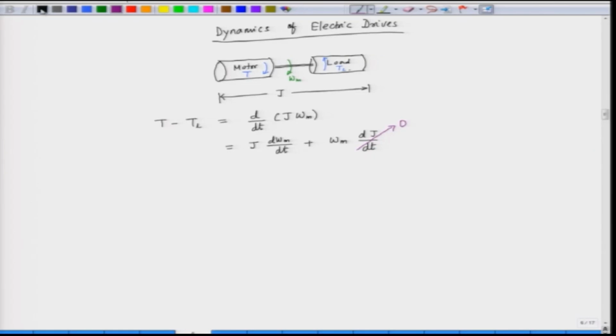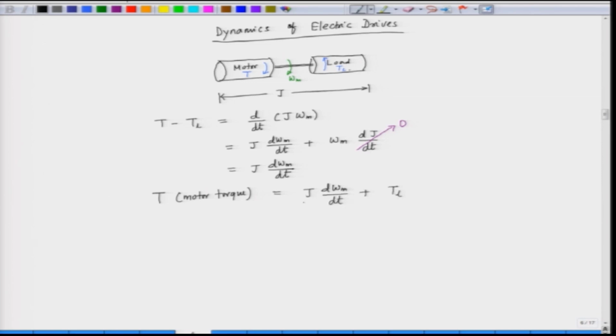So, what we finally get here is T minus TL is J d omega m by dt. We can also write that the motor torque is equal to J d omega m by dt plus TL.